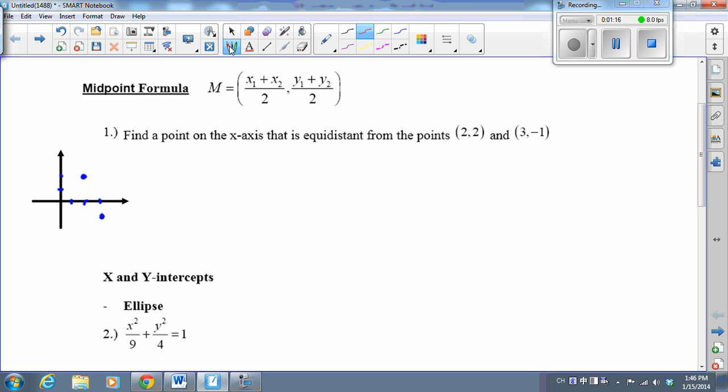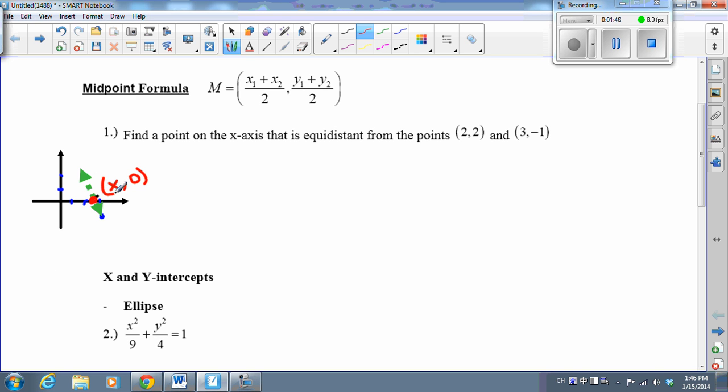Since we're looking for a point that is on the x-axis, let's say I decide to graph this line from here to here. We're looking for the intersection between this line and the x-axis. One thing I know is that the point on the x-axis, which I will mark red, has coordinates x comma 0.